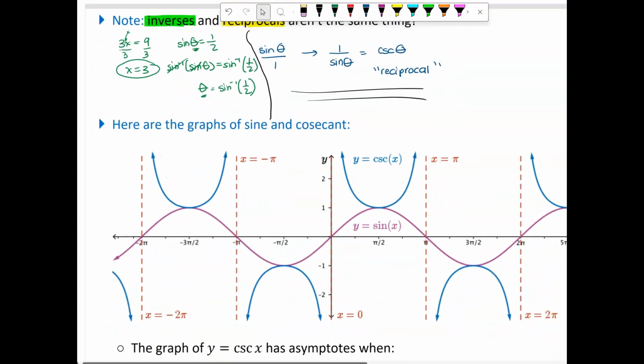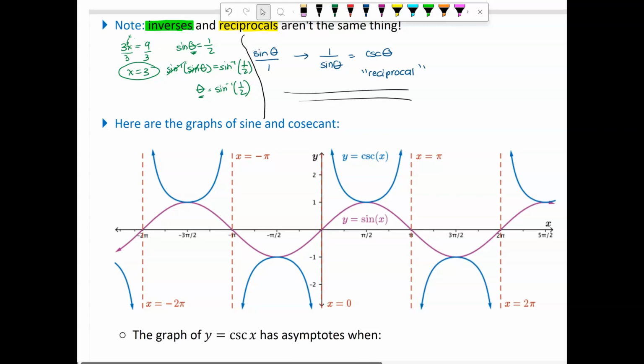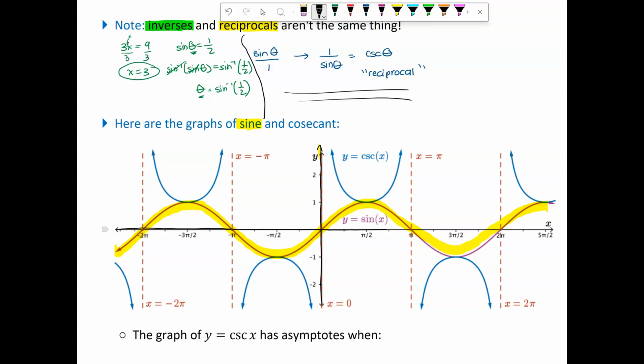All right, so here is an example of what reciprocals look like. The graph of sine is this original purple graph here. Okay, so what you see, here are our axes. Here is our y-axis. And there is our independent axis, which is theta in this case, in radian mode.